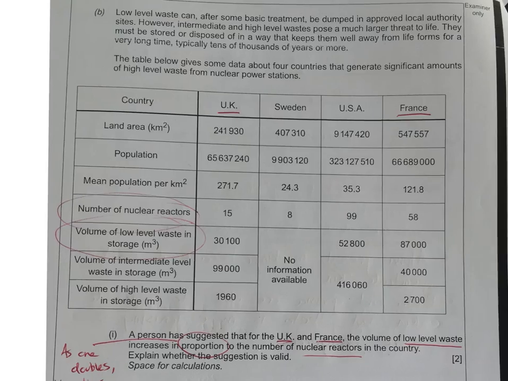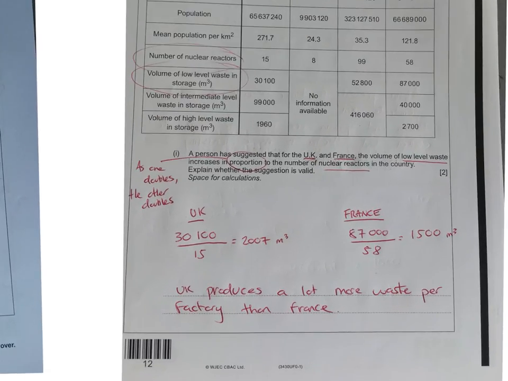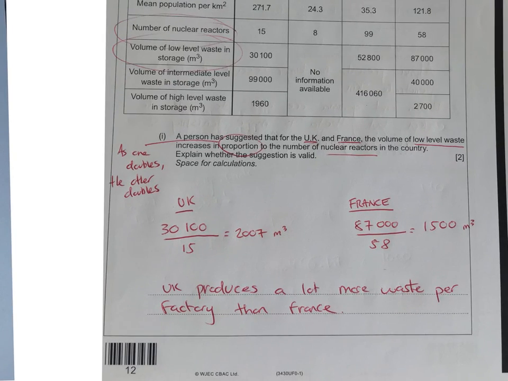So we've got some information here. This is just recognizing now that the low-level waste in the UK. So we've got 30,000 meters cubed, and the number of power stations is 15.